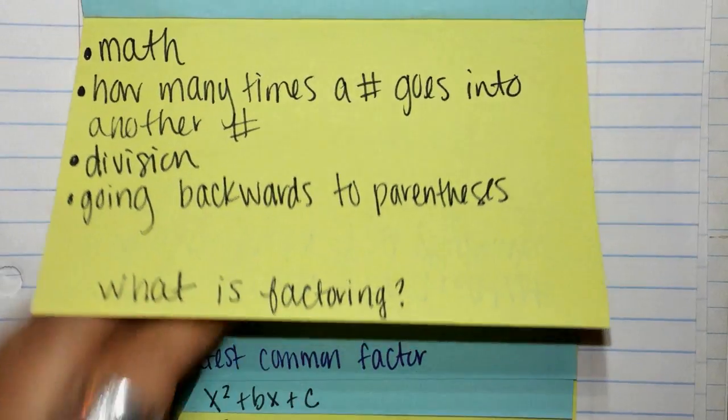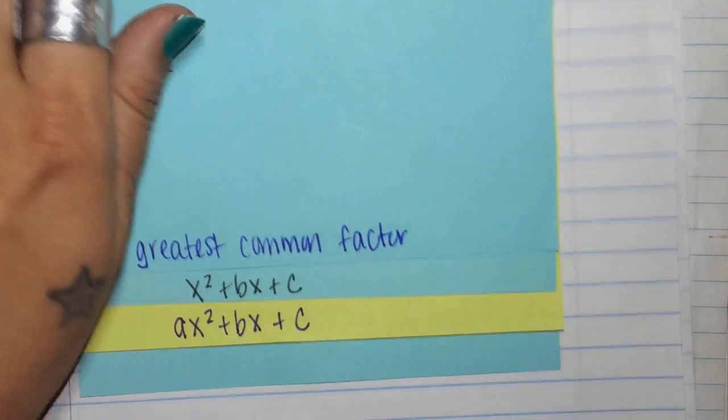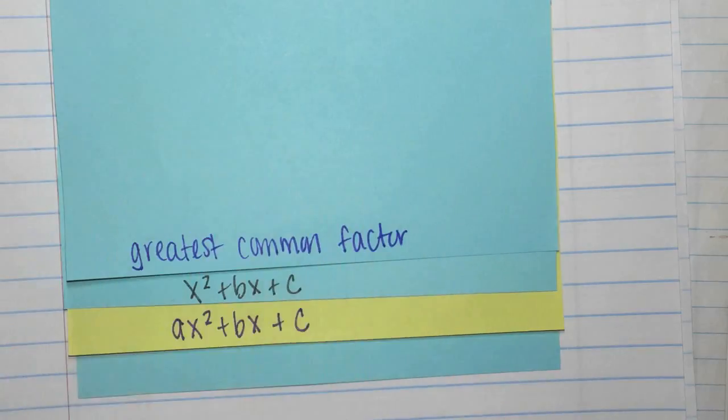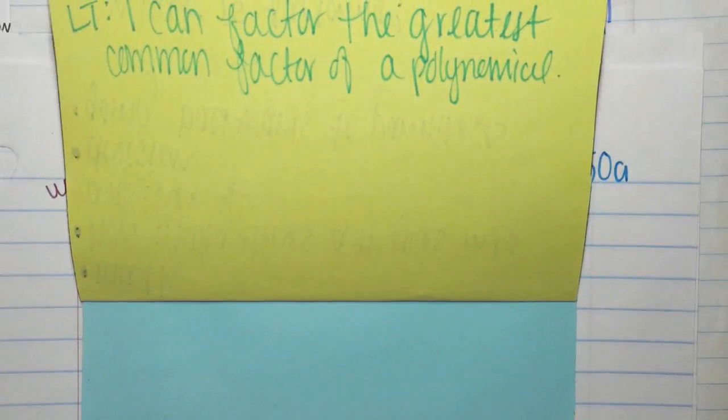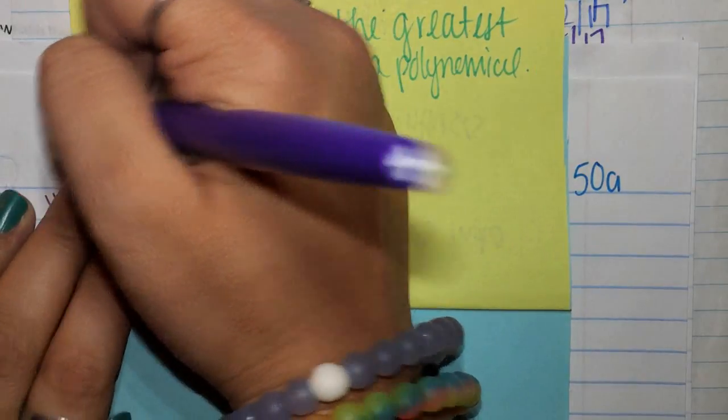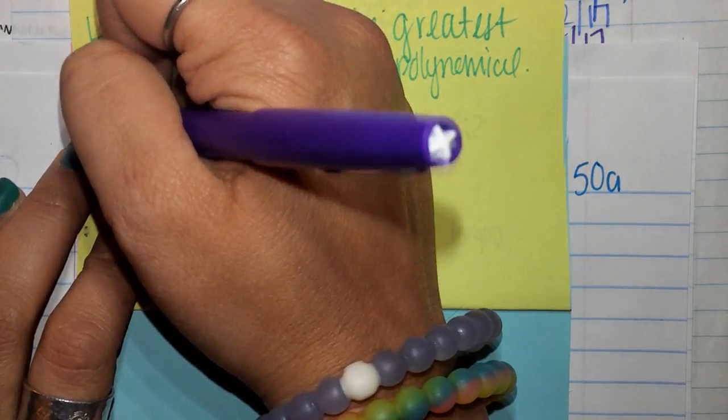Okay. Alright, open the greatest common factor. Alright, so today we're reviewing this. We're reviewing the greatest common factor, and we've done that before, but you guys struggle for some strange reason on this first part. So what is the greatest common factor? The biggest number that goes into 2 or more numbers, right?